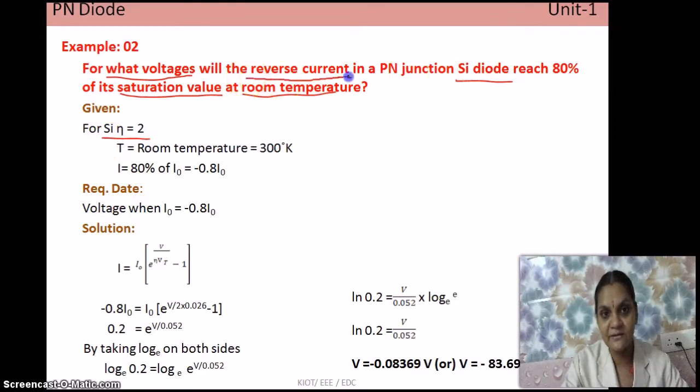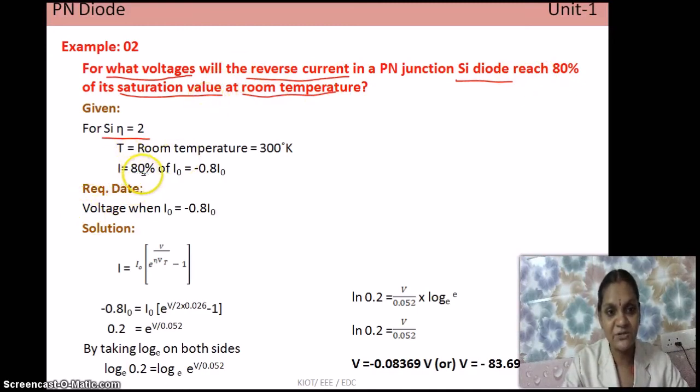Reverse current means it has to be represented as I naught. Reverse current I naught reaches 80% of its saturation value, 80% of its total I naught. So we have to find for what value of voltage the reverse current is 80% of the total reverse current. That is the question. Right?